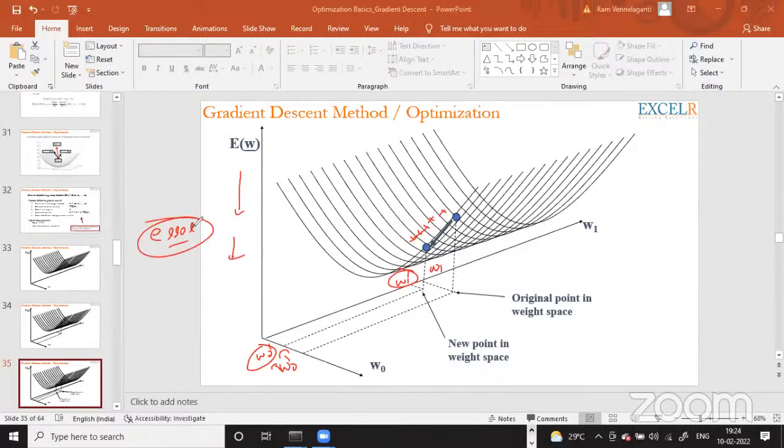That is our objective. That is what you're supposed to do. So this is the idea about the gradient descent optimization method, so that you find this minimum point on your curve. That is your target.